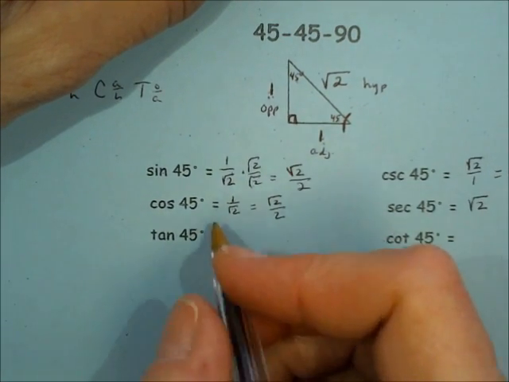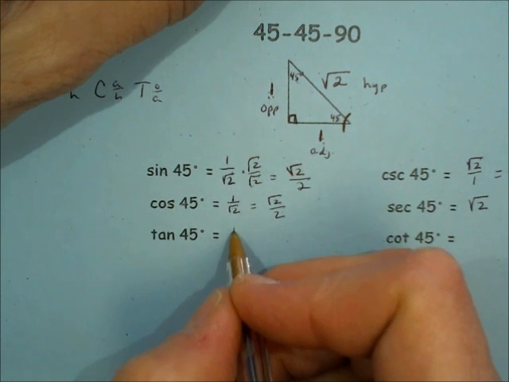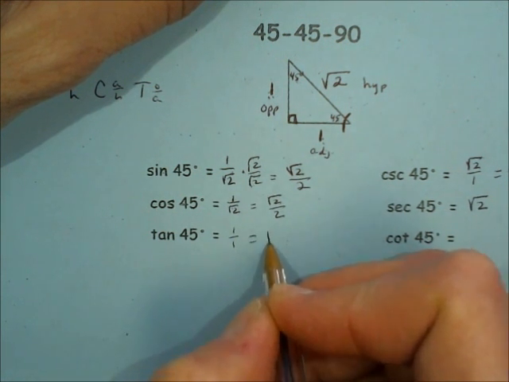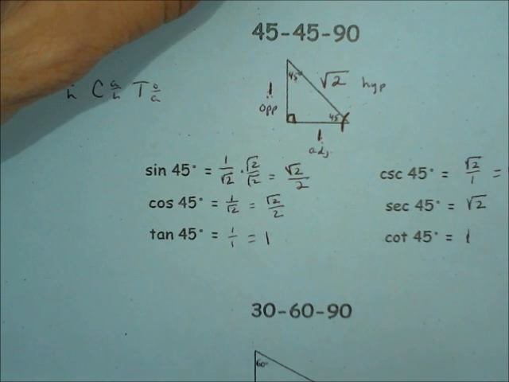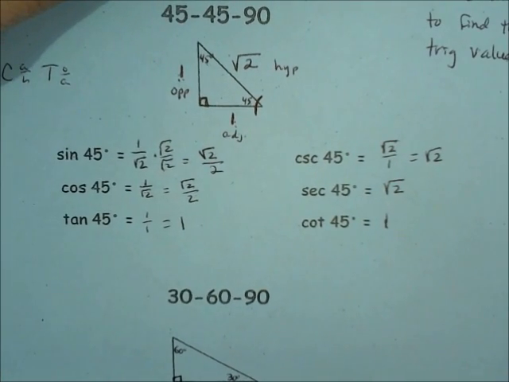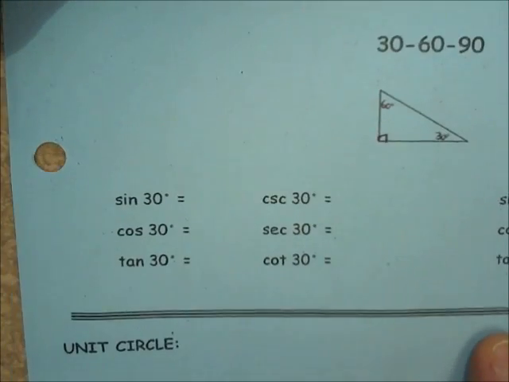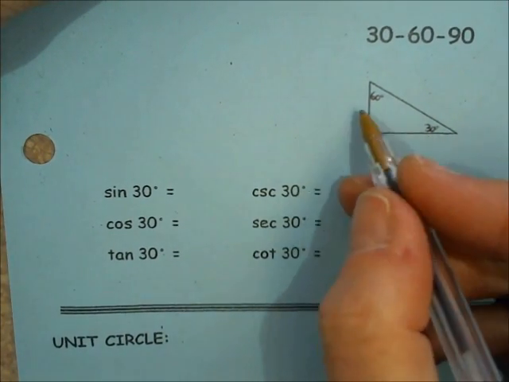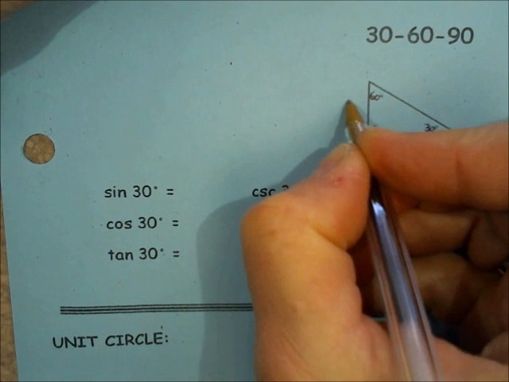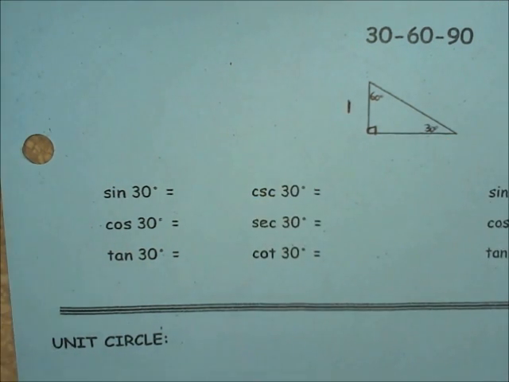The tangent of 45 is opposite over adjacent, 1 over 1, which equals 1. The cotangent is also equal to 1. So there are your 6 trig functions for 45 degrees. In a 30-60-90, by tradition, we call the smallest side equal to 1.